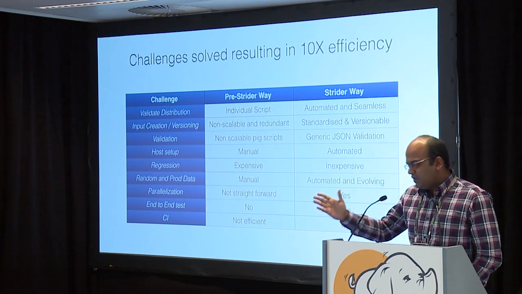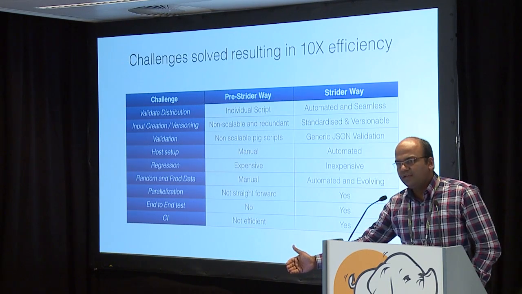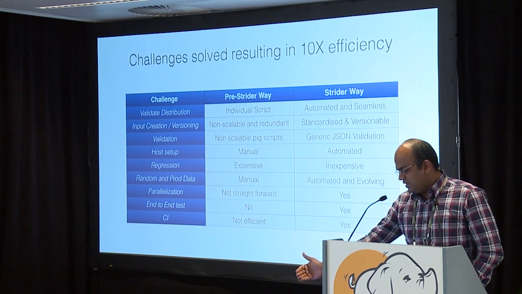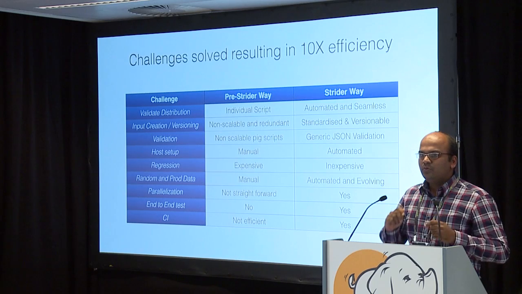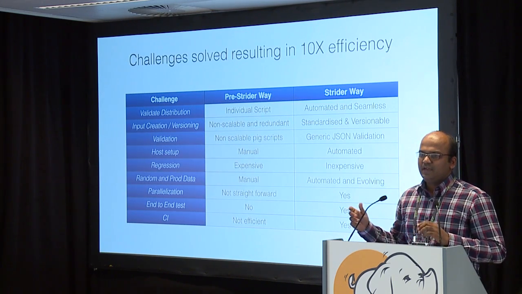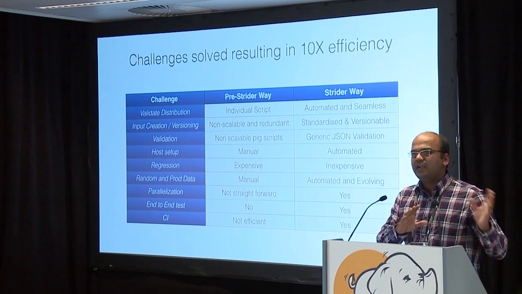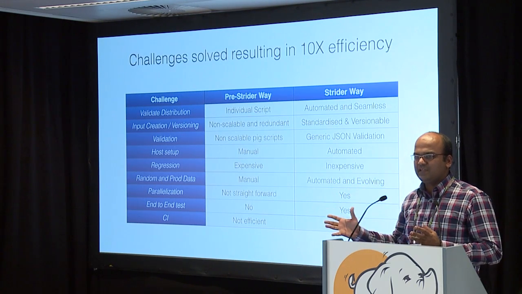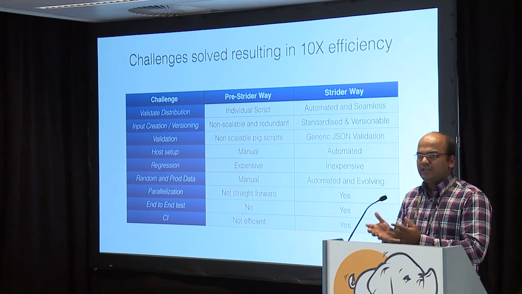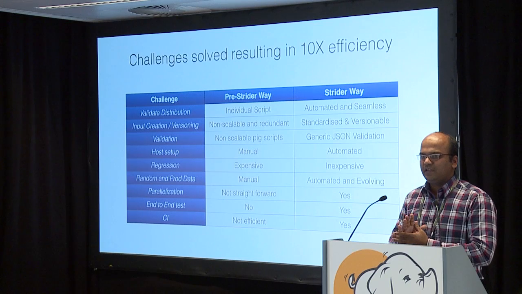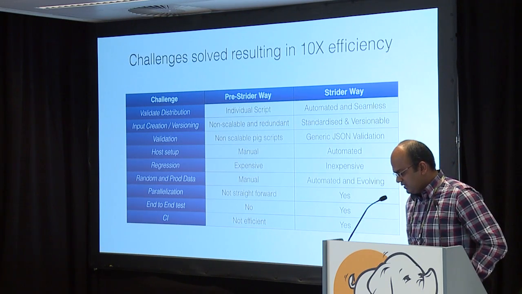And because all these things are being handled, the regression started becoming very inexpensive. We were also able to hook it to some of the other tools that we had developed, which could write a random generator as well as a production sampler, and do some testing out of it, which did some justice with respect to the testing.